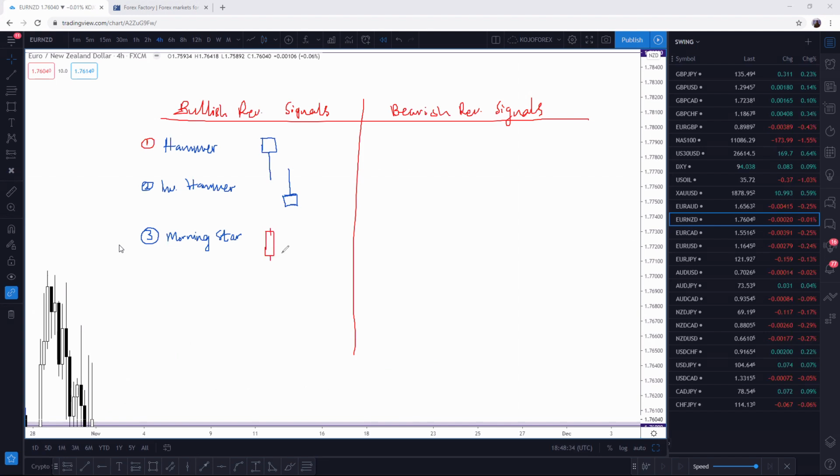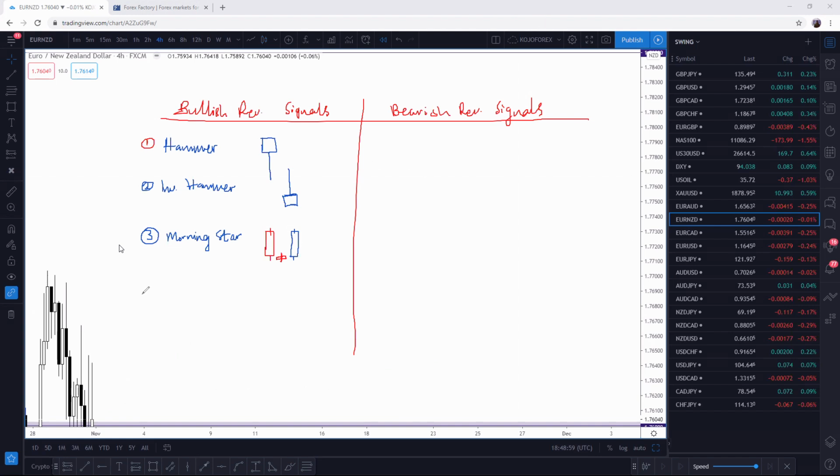Then you would have a small candle in the middle, which could be bearish or bullish; it doesn't really matter. Subsequently, you have a bullish candle that pushes price up. So basically, it's a three-part formation, unlike the other two listed. So 1, 2, 3, the morning star formation.